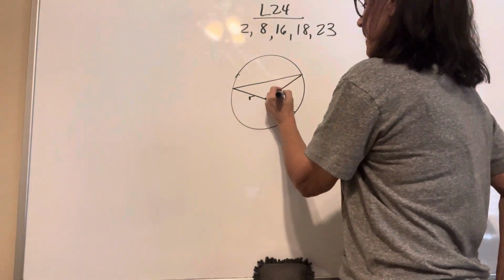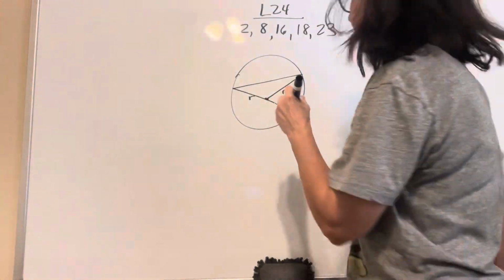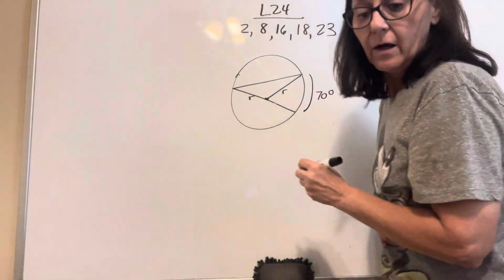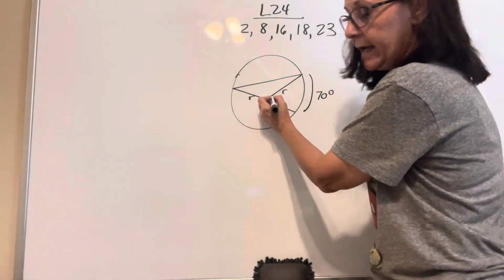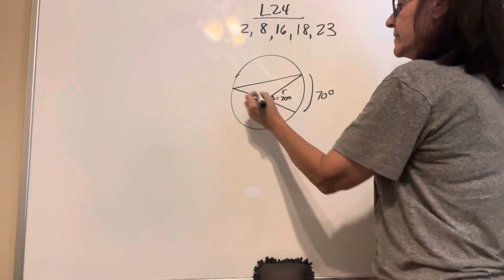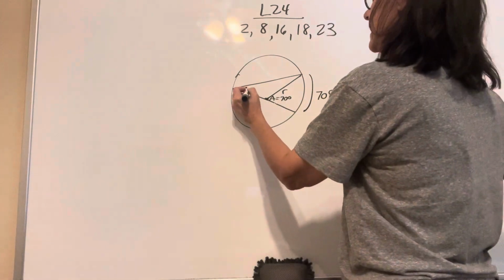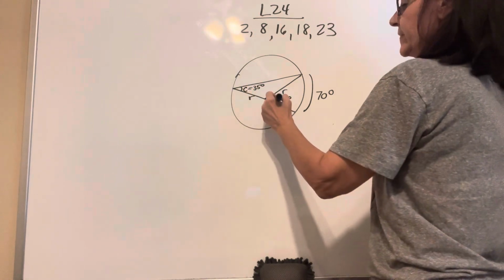So that's a radii, that's a radii. This is 70 degrees. All right, so is this A? A is 70 degrees because it's a central angle. C is half of that, so C is 35 degrees.